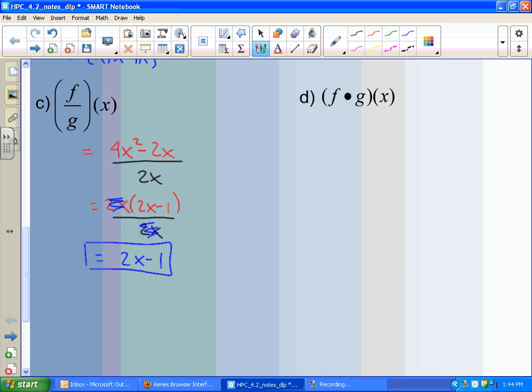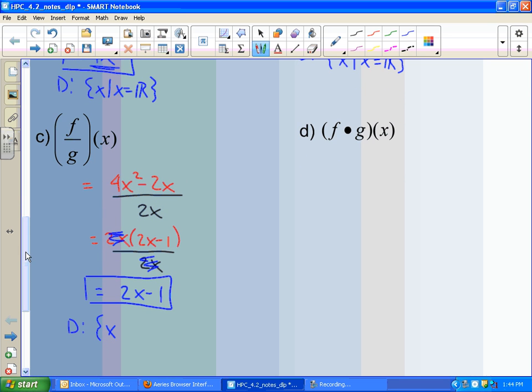Now is where we need to be careful. Looking at the domain, if I ignore the original functions dividing into each other, and I simply go to the reduced or simplified answer, I will not see that I have an issue with my domain on this problem.